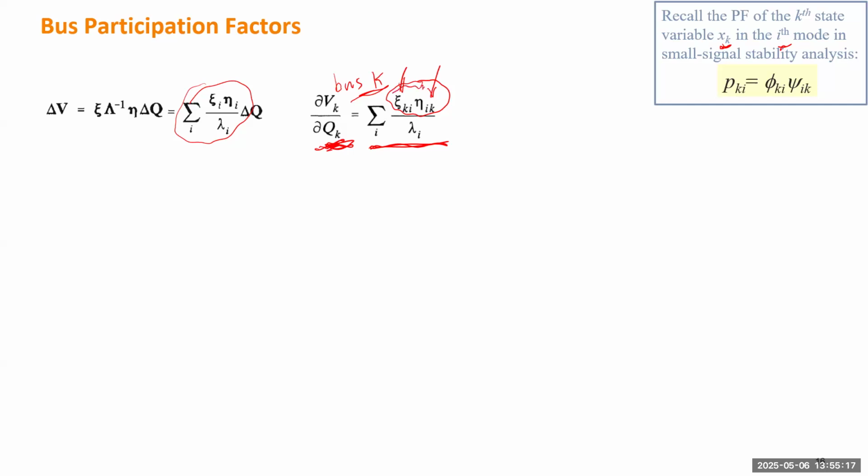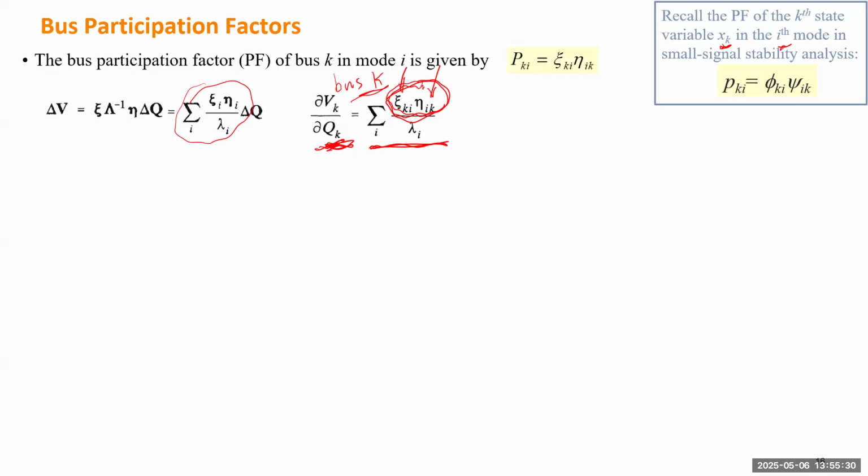So now this one will be very useful. If any bus has a high participation factor in that unstable mode, that bus will be the ideal location to do the control. Just similar to the small signal stability analysis, we can define the bus participation factor as this product.